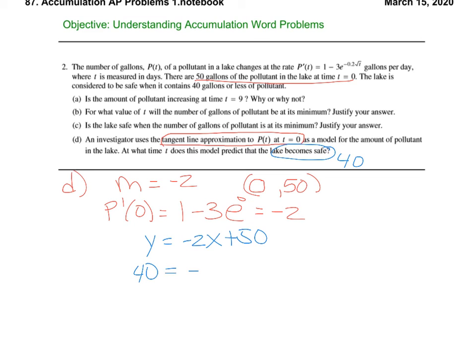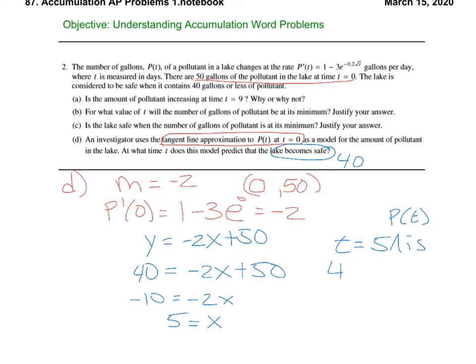So 40 equals negative 2x plus 50. Negative 2x equals negative 10. So x equals 5, or t equals 5. At t equals 5, the pollutant hits 40. At t equals 5, p of t is 40 or less. And that's it. We're done.